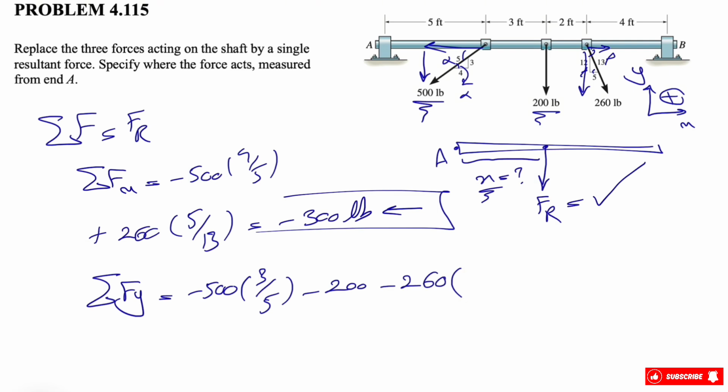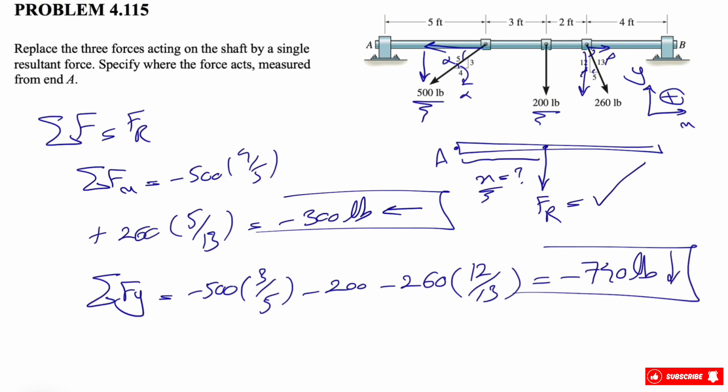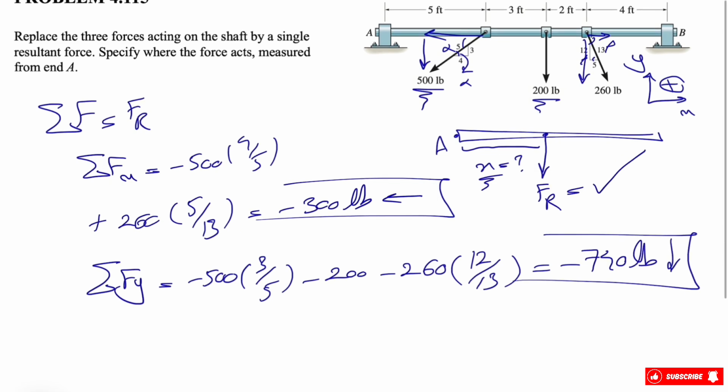This time we'll have the sine of beta, which will be 12 over 13. And that would be everything for the y. If we calculate this, we'll get minus 740 pounds, and the negative sign shows the direction downward.